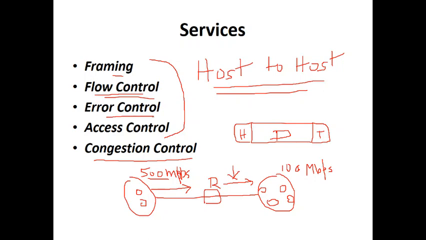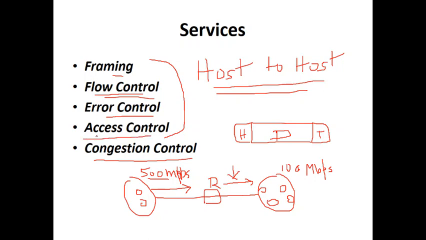And next is error control. I think you have seen how the error is detected and corrected in the previous module, that is module 3, under error detection and correction. That is also done by the data link layer. Of course, it is done by all the layers. Even in the data link layer we perform error control and access control.